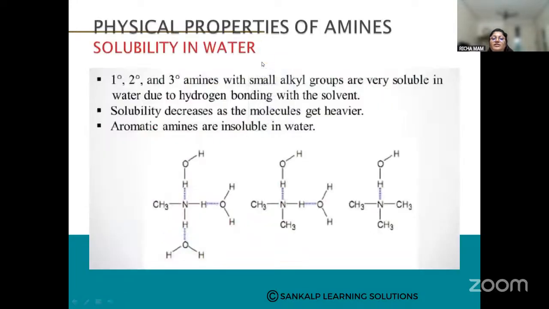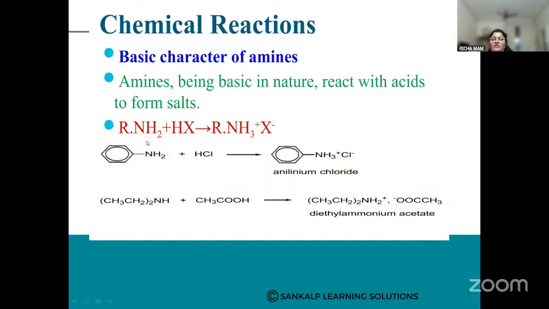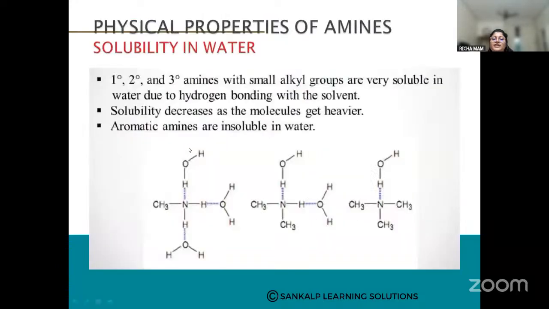Next is the boiling point. Primary and secondary amines show intermolecular hydrogen bonding. Intermolecular means between different molecules.